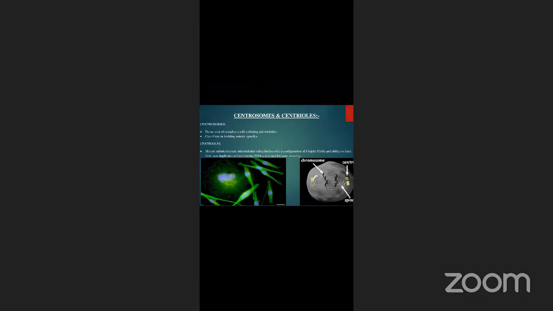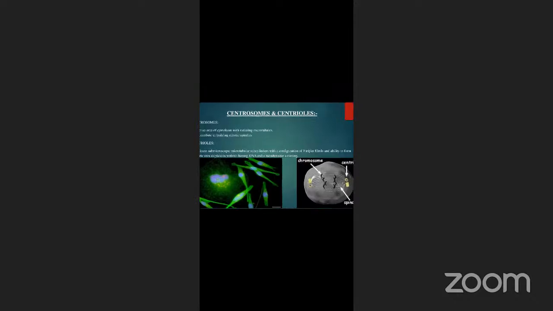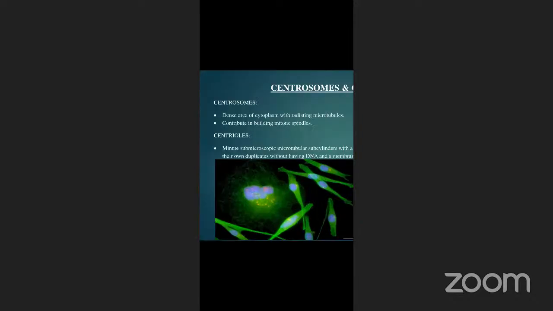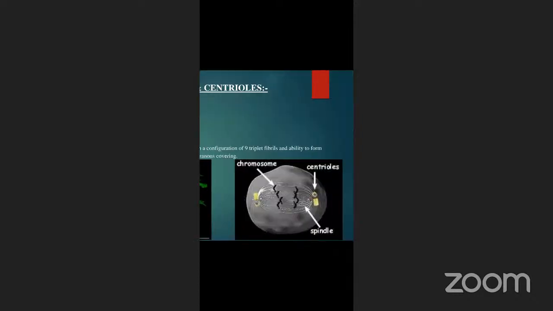They also form duplicates without any DNA or membrane covering. This is the image of the cells, and this is during cell division, how the spindles pull the chromosomes towards the poles.